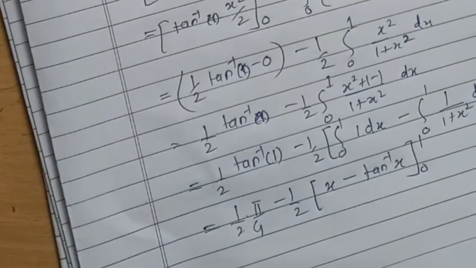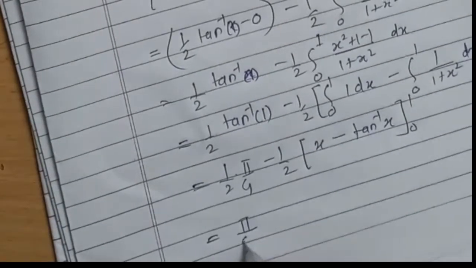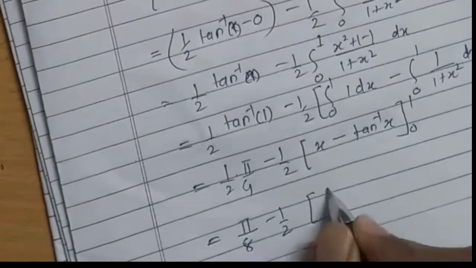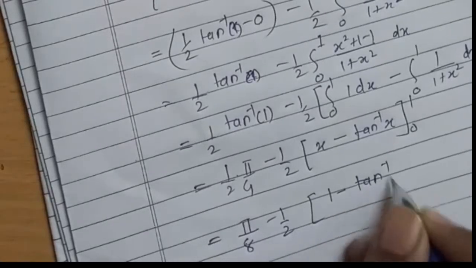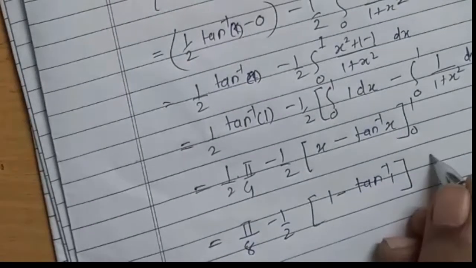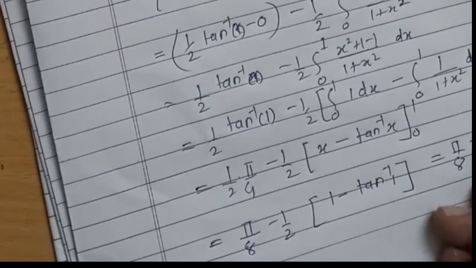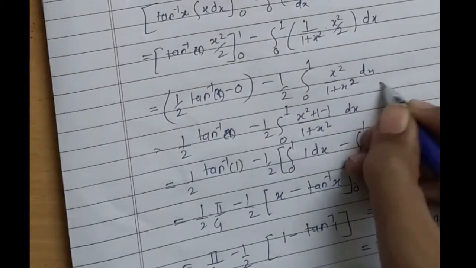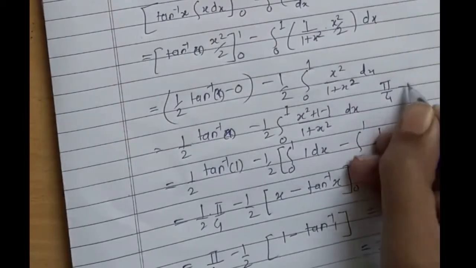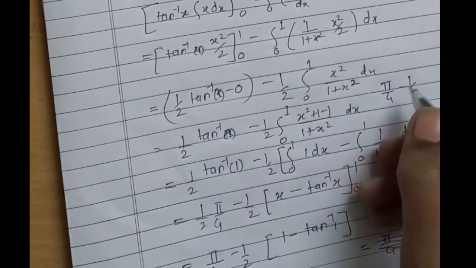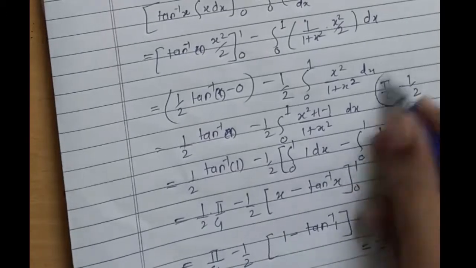So it is pi by 8 minus 1 half into 1 minus tan inverse 1, which is pi by 8 minus 1 half into 1 minus pi by 4. So we get our answer as pi by 4 minus 1 by 2, which is nothing but pi minus 2 by 4. Okay.